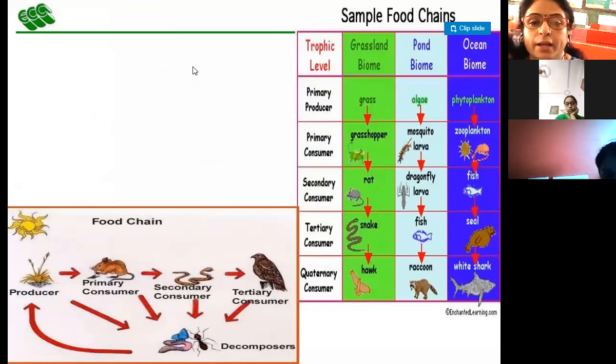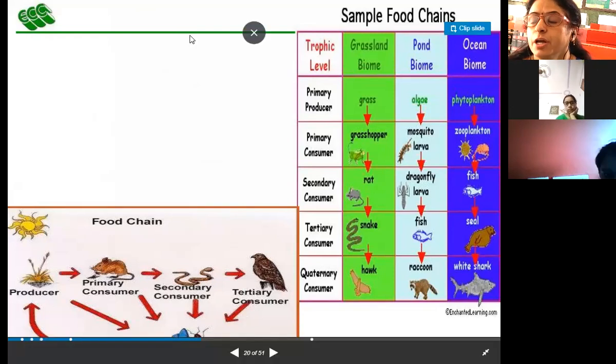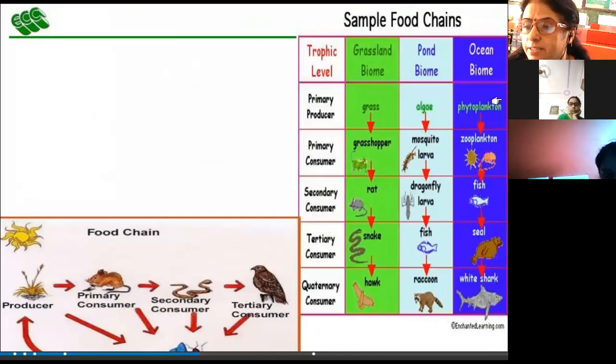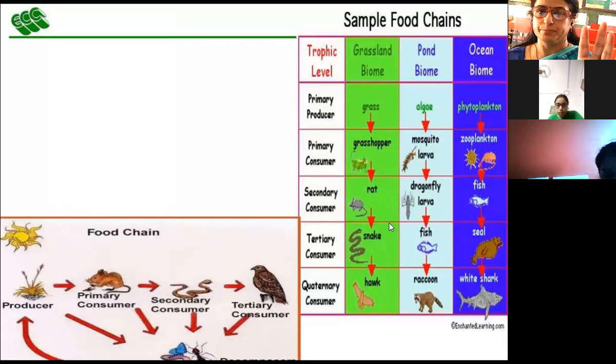If you analyze the grassland food chain, the pond food chain, or the ocean food chain, you can see that the chain comprises only 5 trophic levels. Why only 5? Why not 6 or 7?